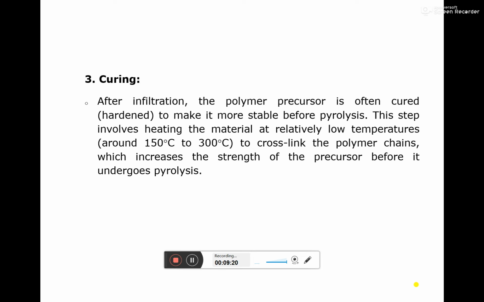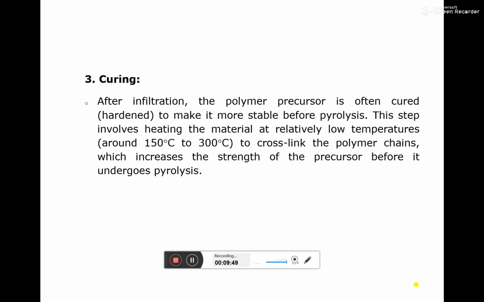After the infiltration, the polymer precursor is cured. We use some vacuum or pressure assisted technique to infiltrate the polymer precursors over the fiber preform. After that, it should get hardened. For that, the entire infiltrated object is subjected to curing.